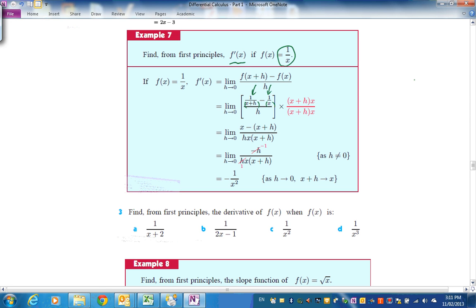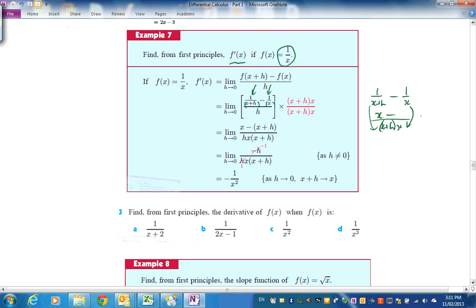Now, Hayes and Harris suggest multiplying by the common denominator, which is that times that, top and bottom. And that's good, because in the top line the x plus h will cancel and give you x, and on the other side it gives you x plus h. So it's a form of cross-multiplying. You might rather think of it this way: common denominator, and then this has been multiplied by x, so you have to multiply the top line by x.